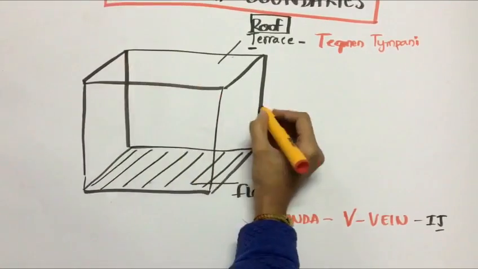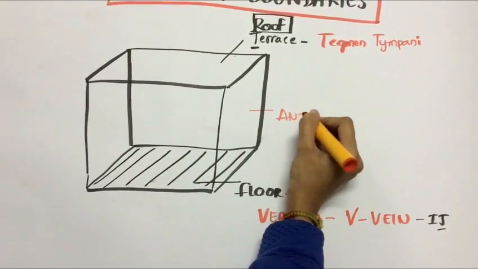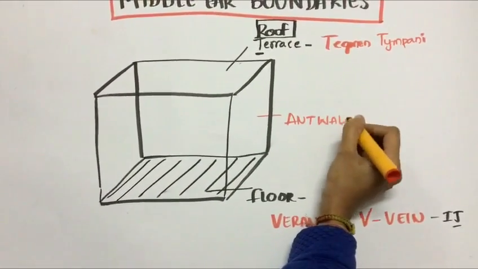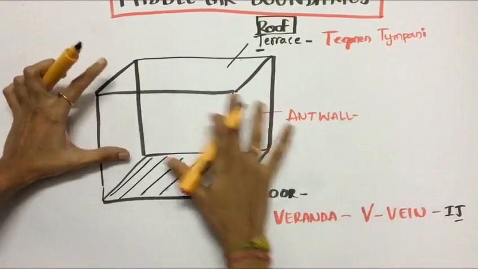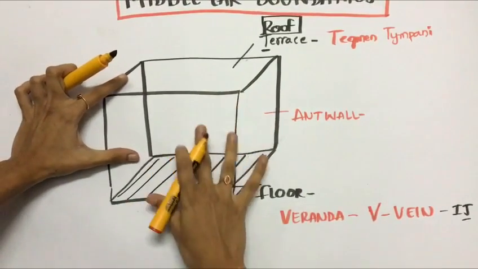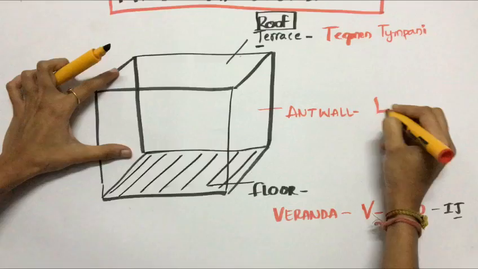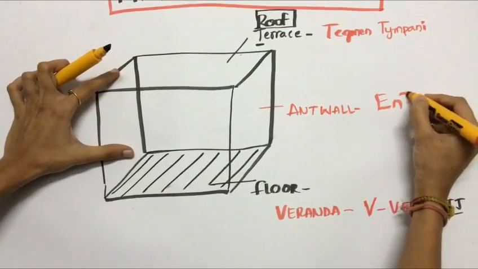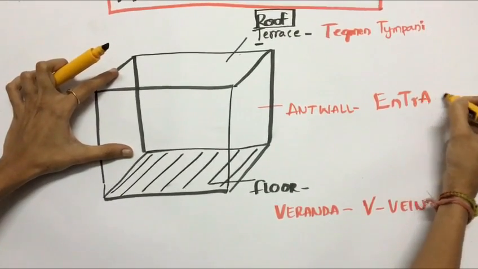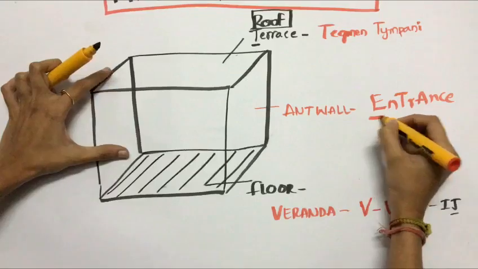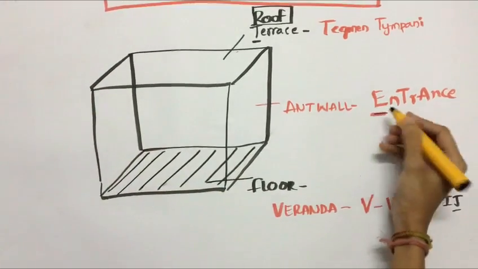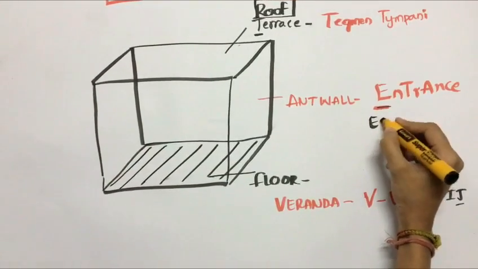Then comes the anterior wall. In the anterior wall, in a house, there will be an entrance on the anterior side. Entrance. E for eustachian tube.